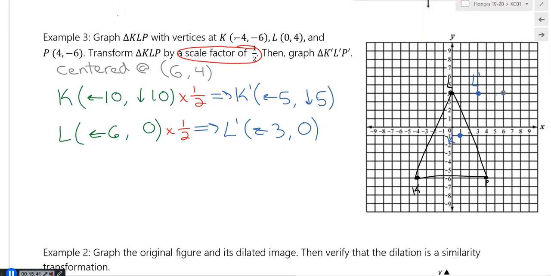And then P is our last one. If I look here, it's over 1, 2, down 1, 2, 3, 4, 5, 6, 7, 8, 9, 10. So it's left 2, down 10.